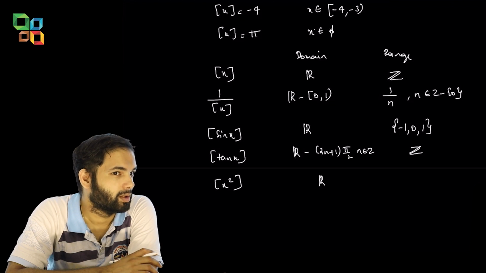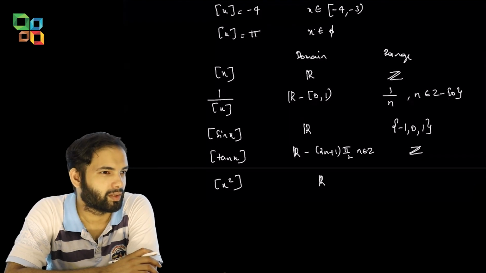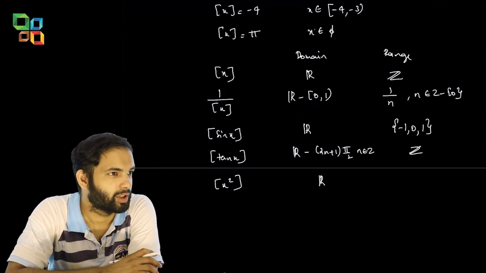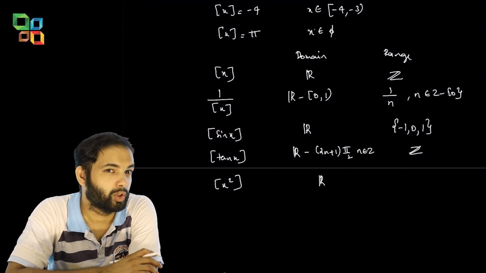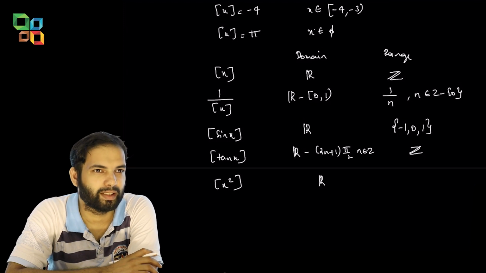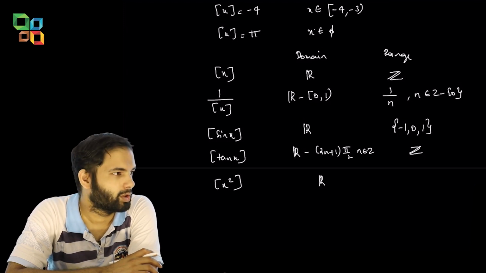Not all. What are the specific numbers? Perfect squares? Positive integers or perfect squares? Positive integers. All whole numbers. Okay, fine. Positive integers, whole numbers.